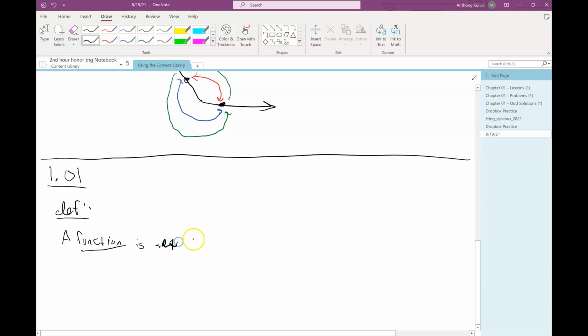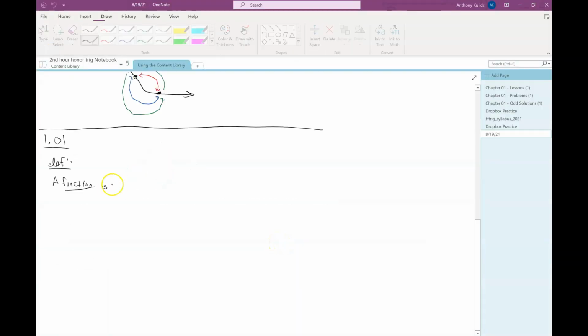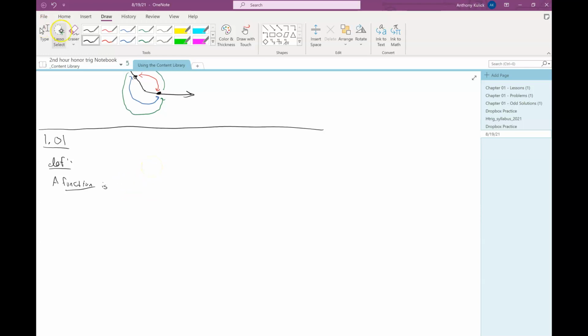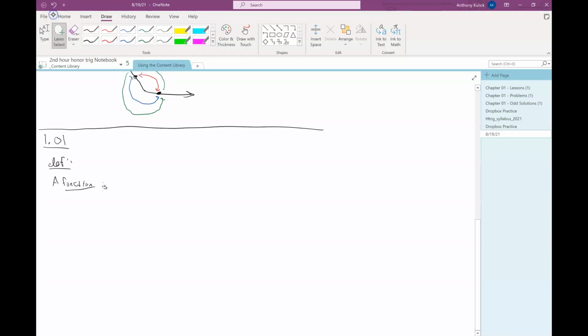What happened here? This happens sometimes with the new stylus here. I don't know why. I'm just going to restart OneNote real quick. Nope, it's still doing that. What happened here?